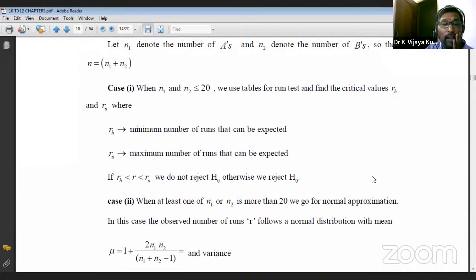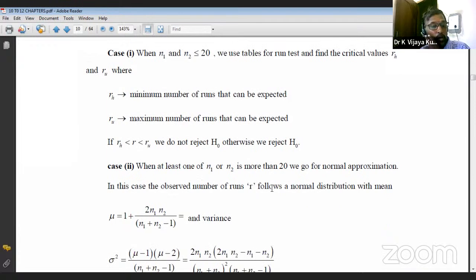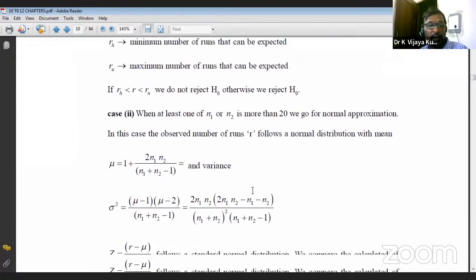When at least one of n1 or n2 is more than 20, we go for normal approximation. In this case, the observed number of runs R follows a normal distribution with mean mu equal to 1 plus 2n1n2 by n1 plus n2, and variance sigma square equal to 2n1n2 times (2n1n2 minus n1 minus n2) by (n1 plus n2) whole square times (n1 plus n2 minus 1). These are the formulas you have to remember.